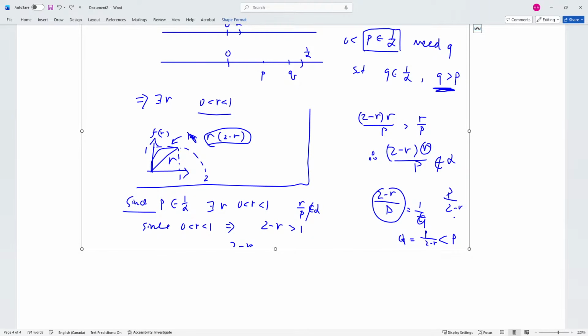But 2 minus r is greater than 1, so this is less than p. It's dividing by, let's say, 1.1, so this is less than p. I want it to be greater than p.